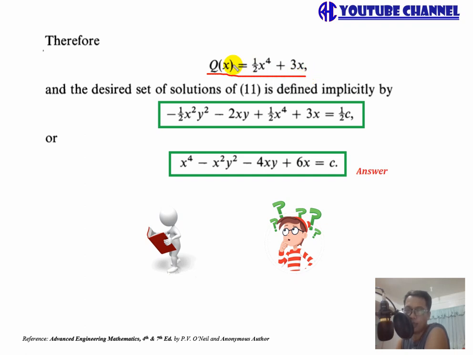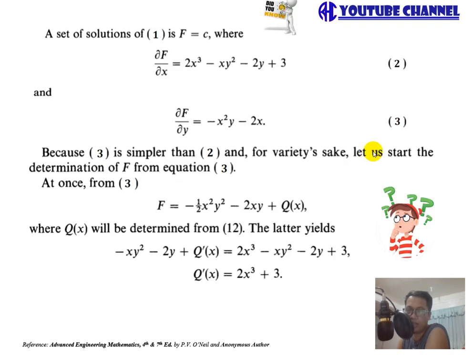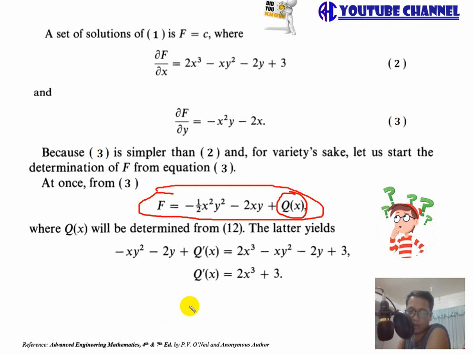After that, kailangan natin i-substitute si Q sa function of f. Yung function of f na yan ay ito. Palitan lang natin si nakuha nating Q. Yung Q natin, di ba, x to the 4th over 2 plus 3x.